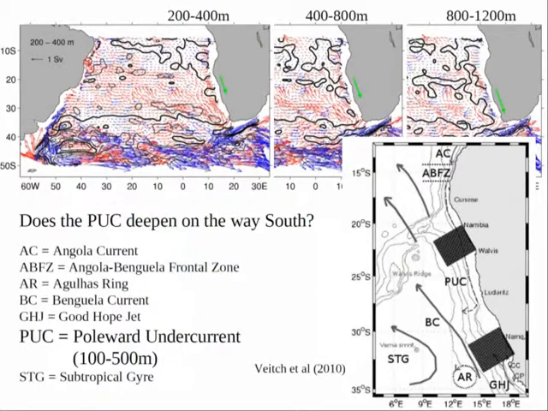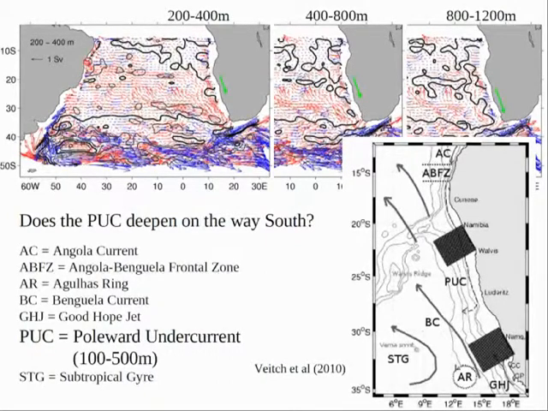And here is a look at the different depth levels again, 200 to 400, 400 to 800, 800 to 1200. So this one I already showed more or less, because this is almost the same as the core layer of the intermediate water. And here we see the southward drift a little bit, and here even in detail a tiny little bit.